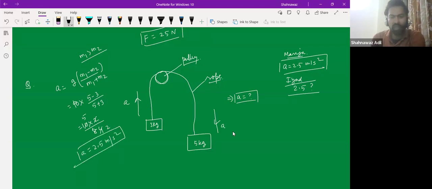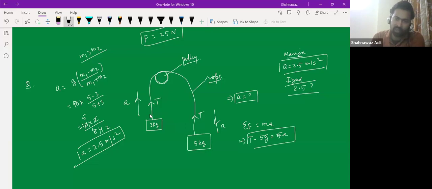And you can apply Newton's law as well. So here Newton's law would be what? You have tension on both sides. Because this side is going downwards, we have 5g minus T equals 5a.